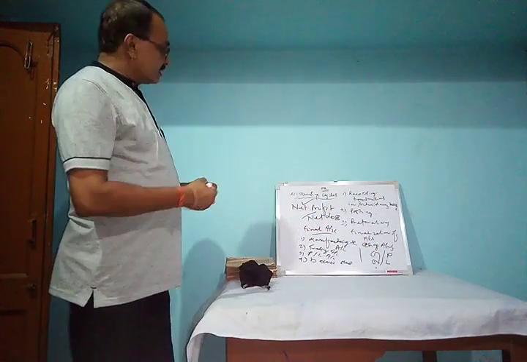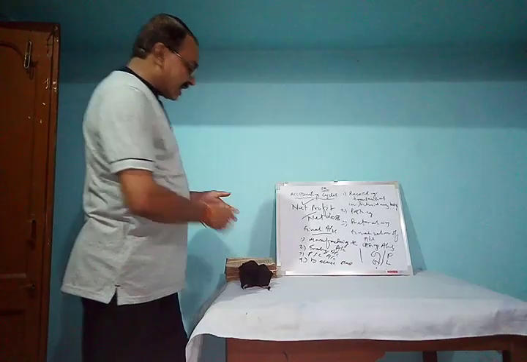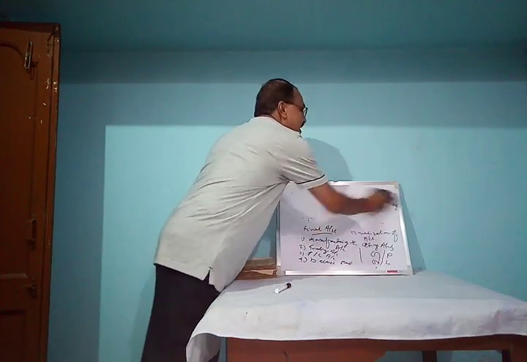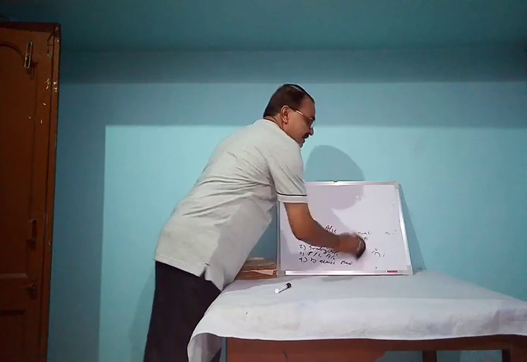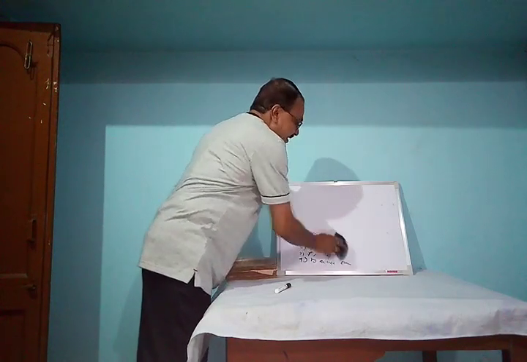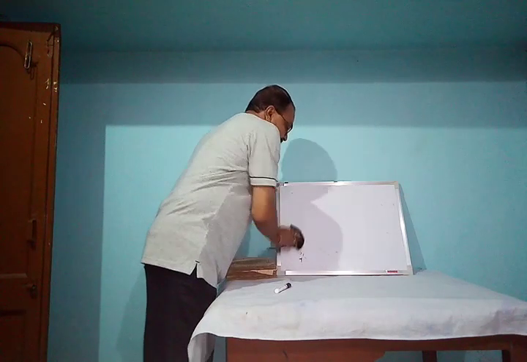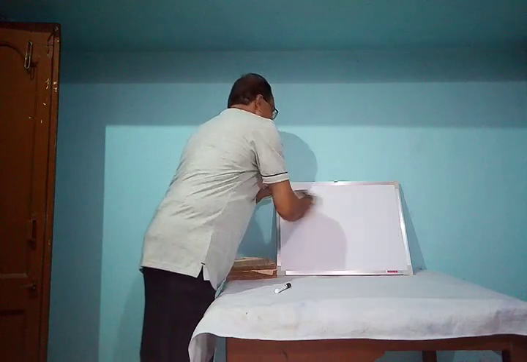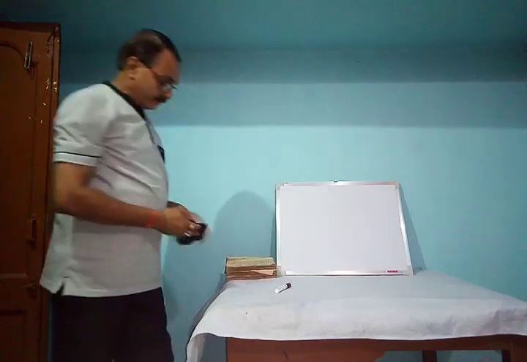This is the way in which we can ascertain the profit or loss of the business organization during a particular financial period, whether the business has earned profit or sustained loss.